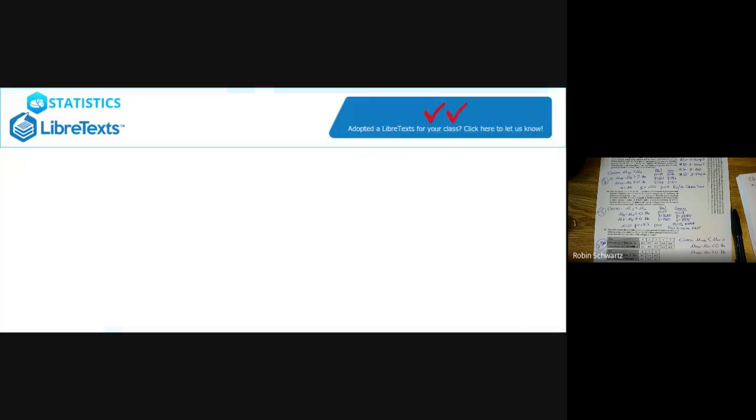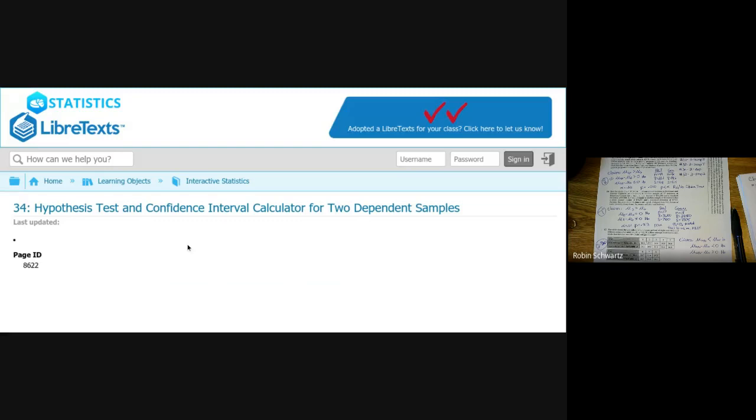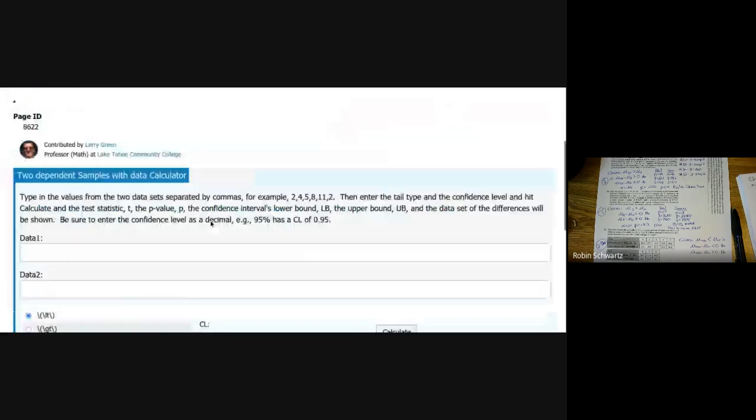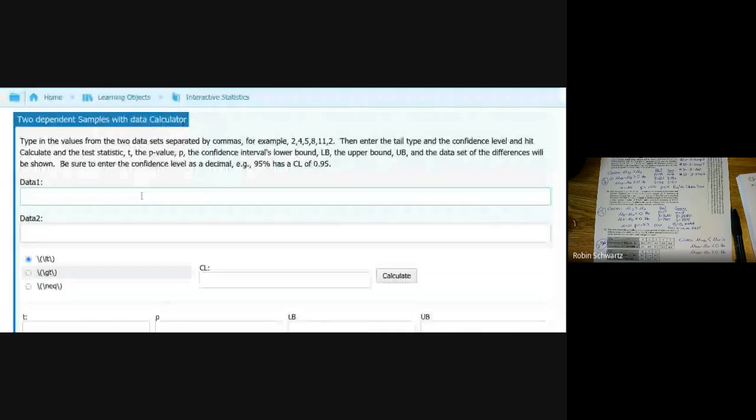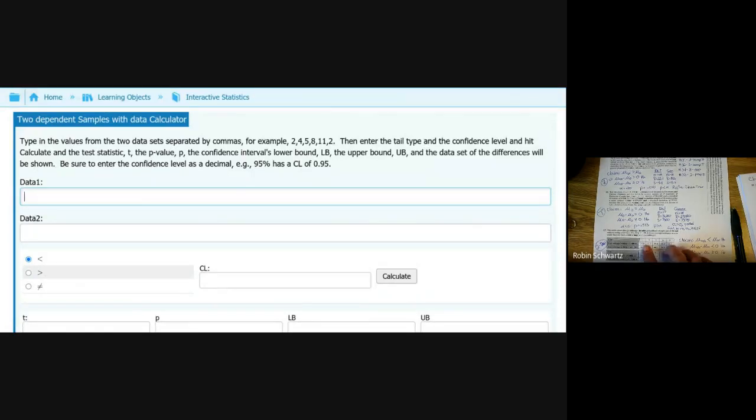It tells you to take the values separated by commas, but no spaces. So the data you want, I'm going to type them in.